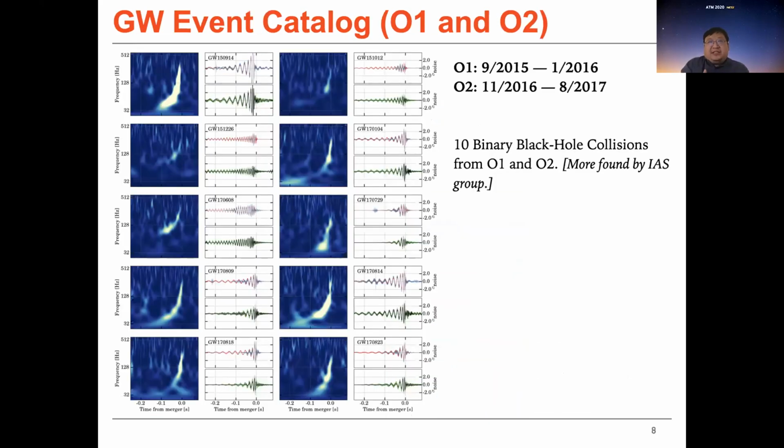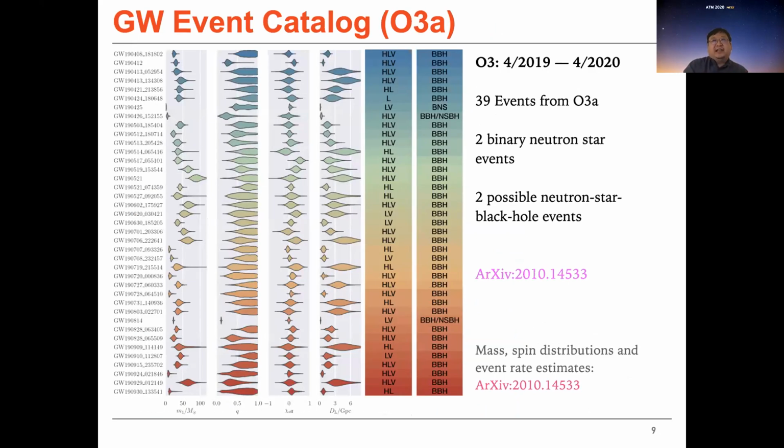So after the first detection, there were a few science observation runs of LIGO since then, in the so-called O1 and O2 runs, which were, like, the dates are shown here. Basically, I think it was more like a year of observation. We detected 10 binary black holes in total. And then the more recent release of data and results was from the first part of the so-called O3 run.